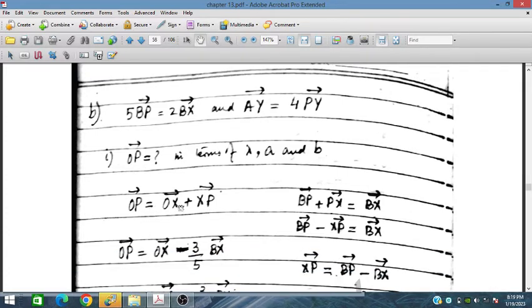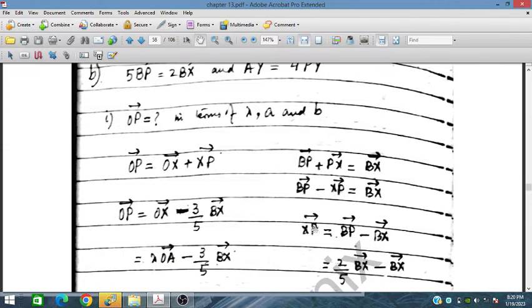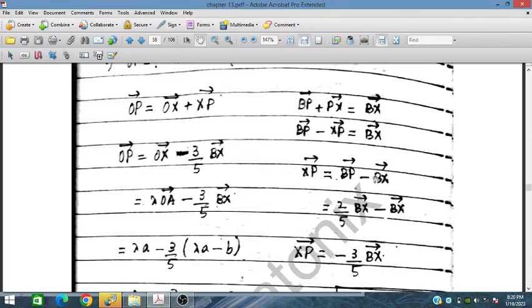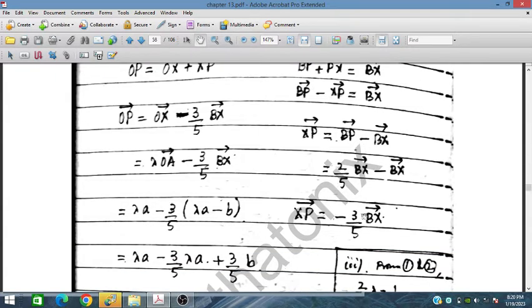BP is 2 upon 5 BX, and XP is BX minus BP, so XP is 3 upon 5 BX.